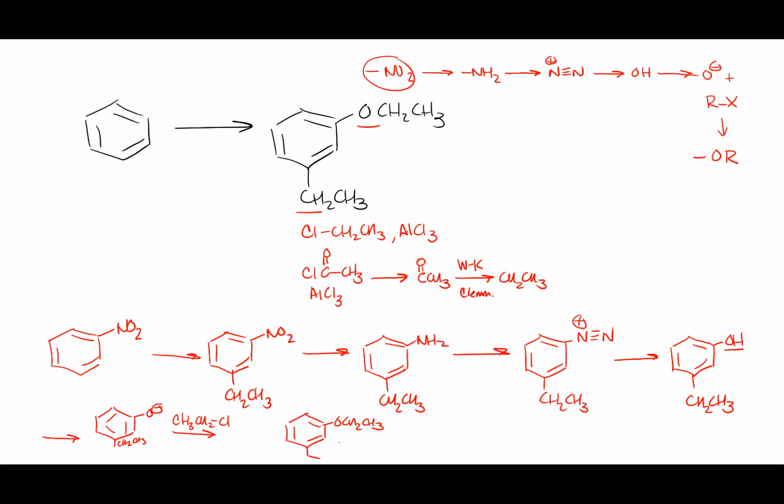Okay. Well, what about the reagents? What reagent would I use? Again, you could go through here and add these in. We'd use HNO3, H2SO4 to add the nitro group. We would add CH3CH2Cl, AlCl3 to add the ethyl group.